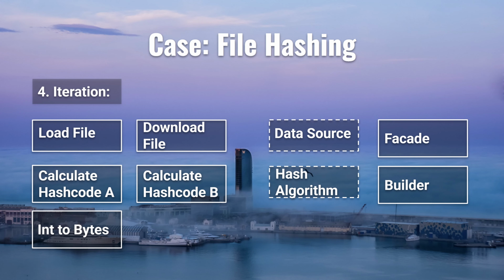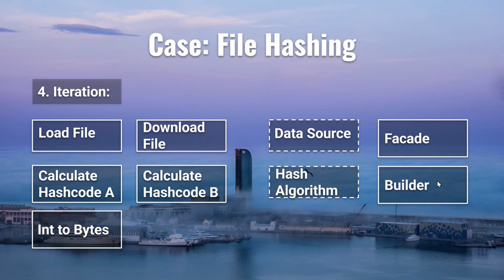After the fourth iteration, the code base consists of the following components. There's still the original ones: the load file, the download file, the calculate hashcode A and calculate hashcode B, and the int to bytes class. And then what was added in the fourth iteration was the data source interface, the hash algorithm interface, and the facade, which has a reference to a data source and a hash algorithm and a data source path internally.